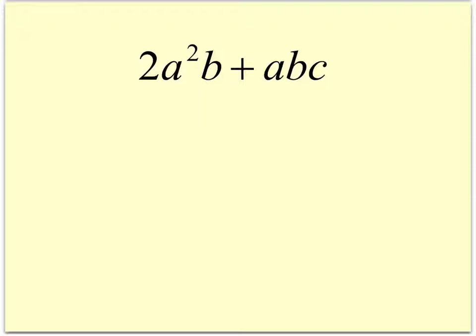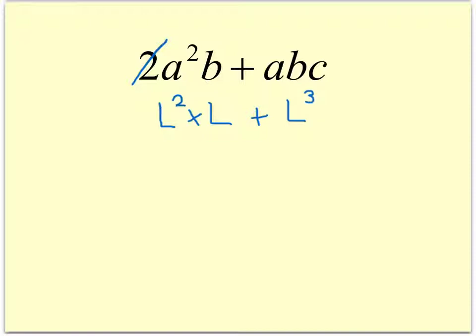Okay, same rules. Remove the constant first of all. The constant's this thing on the front, the 2. Now each of these variables on their own is going to represent a length. So we've got here a length squared times another length, and over here we've just got a length times a length times a length, which is a length cubed. We can sort this first bit out.